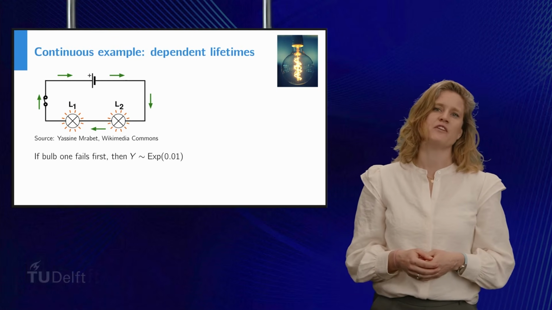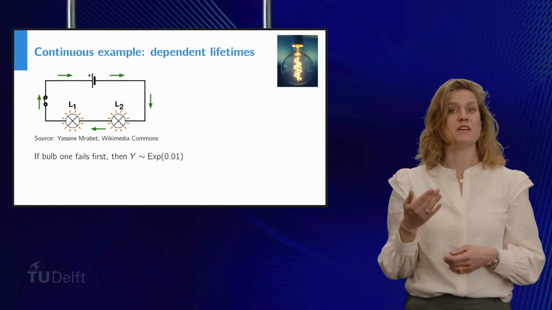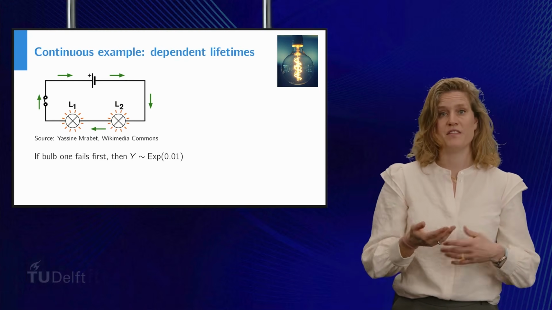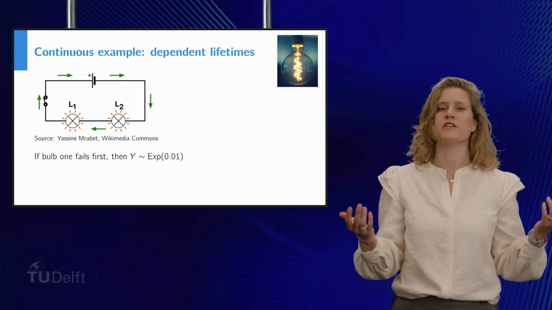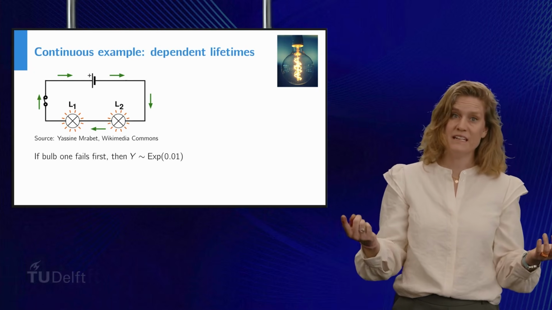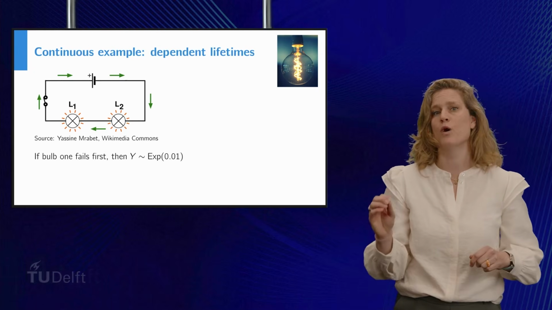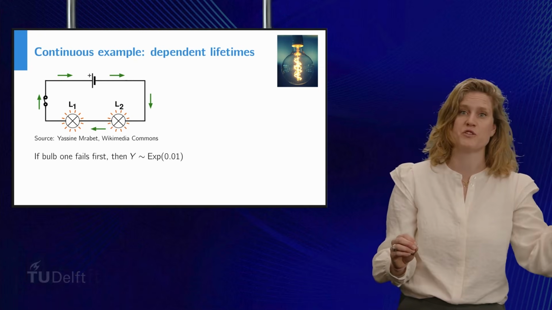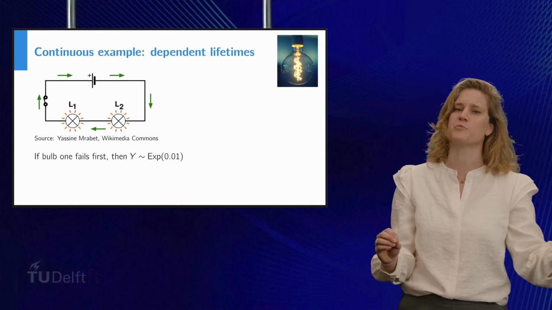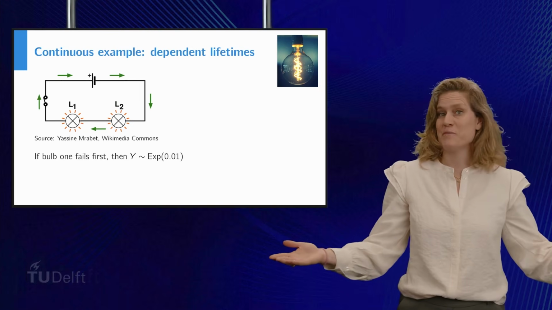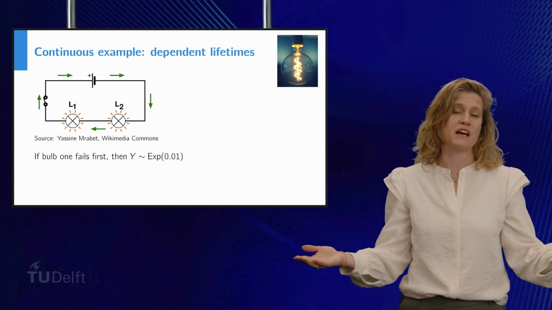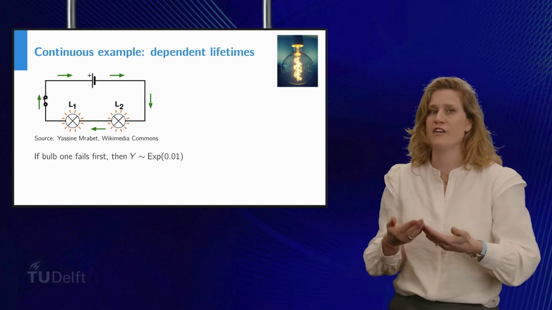The main thing for now is that you consider the implications of this setup. The lifetimes of these 2 bulbs are now dependent. Indeed, knowing the lifespan of one bulb directly influences the probability related to the other bulb's lifespan. Well, this demonstrates how real-world interactions can lead to dependent random variables.